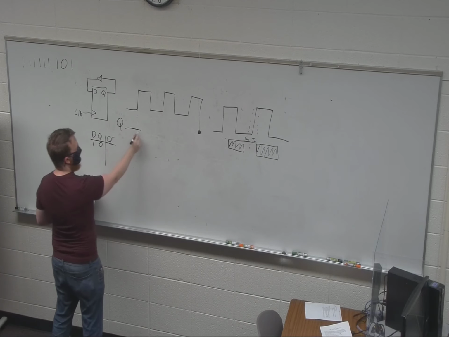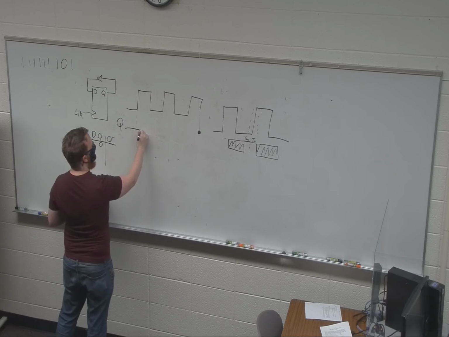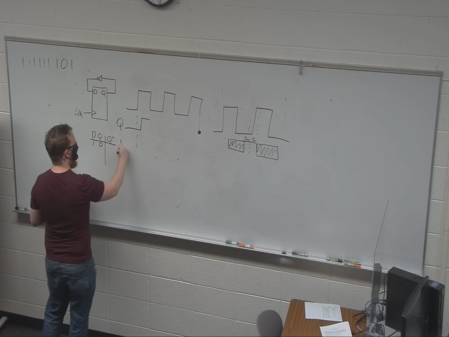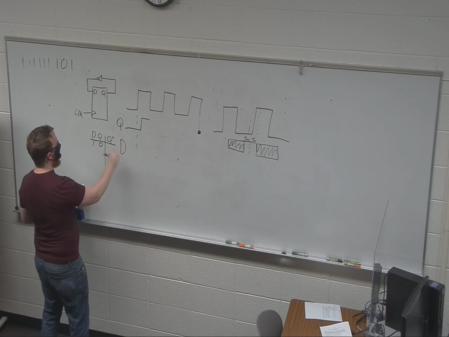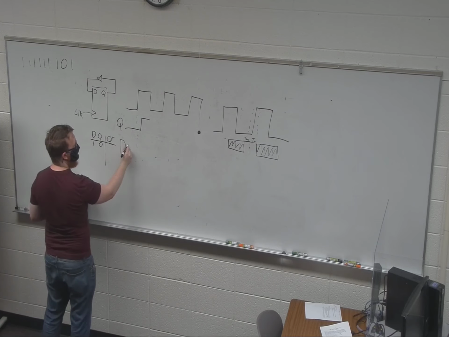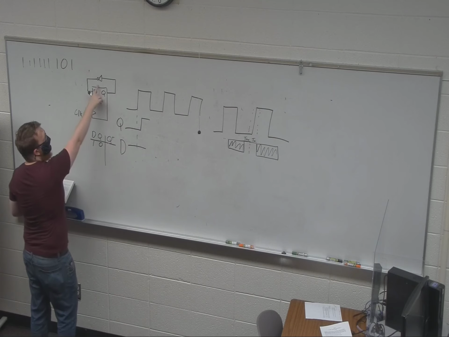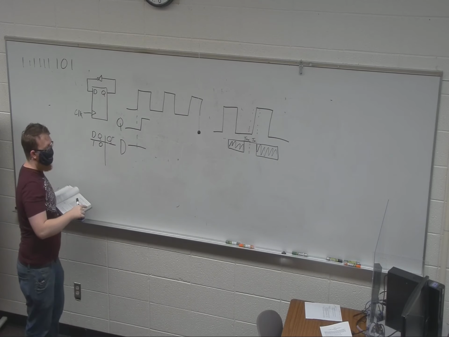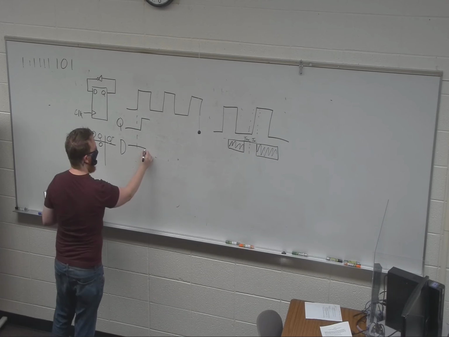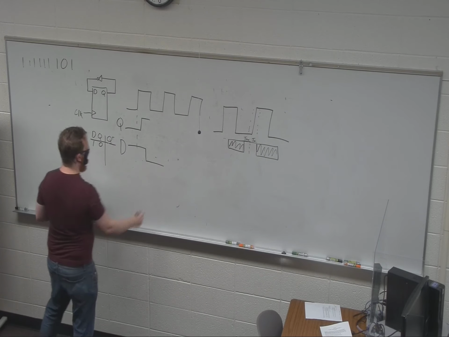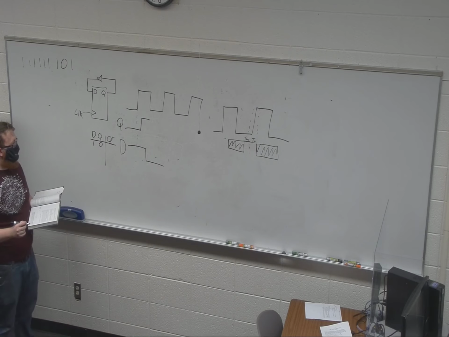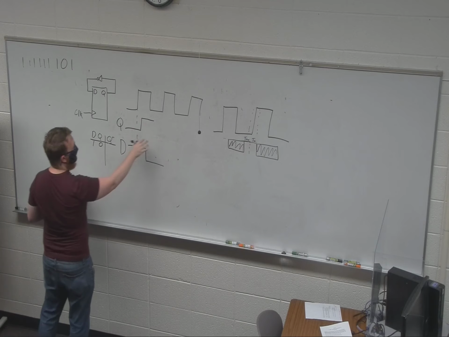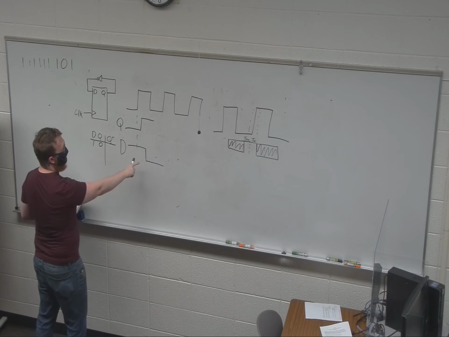So the clock happens, there's some delay, then Q goes high, right? D is already high. The inverter sees Q go high, inverts it, making D go low. And then it's going to start repeating that pattern throughout, with this little bit of delay.